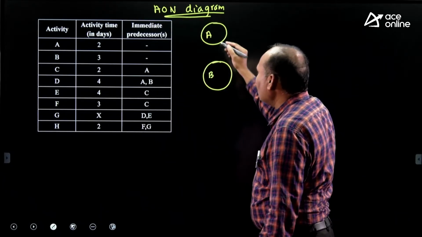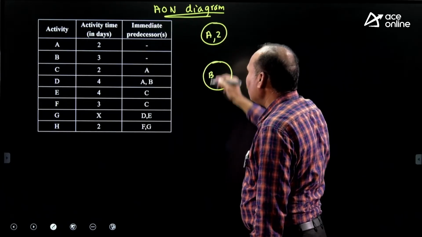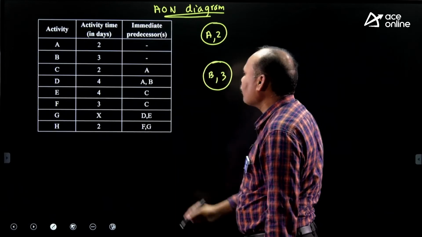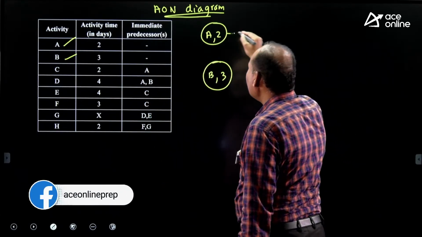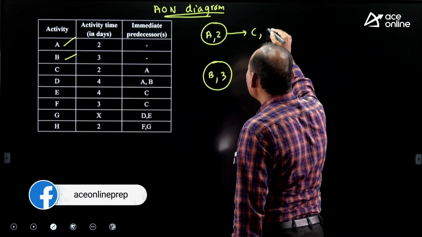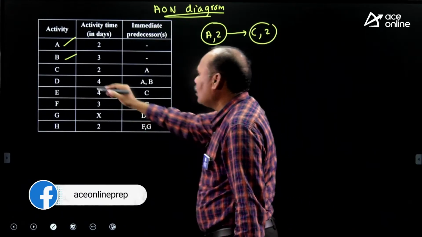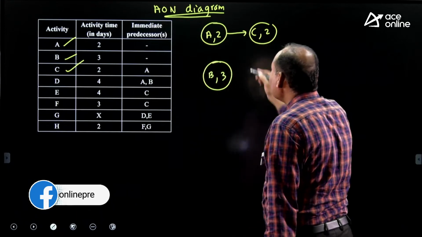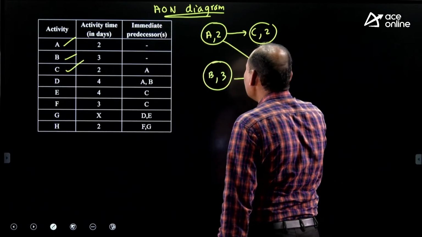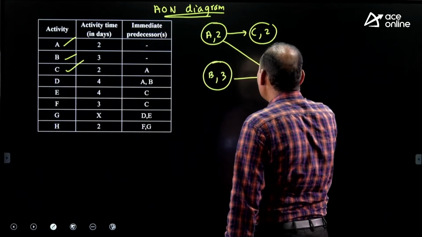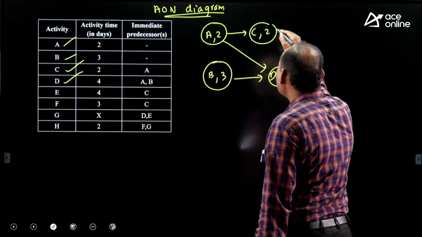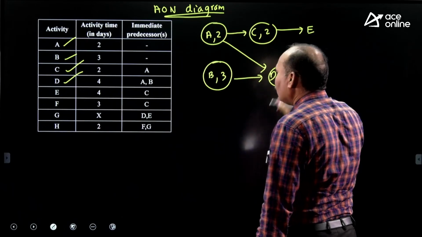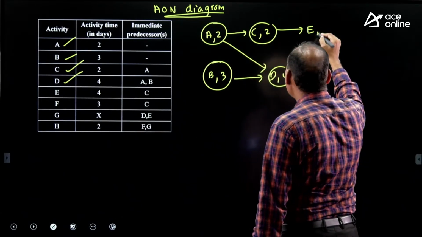So A has no condition, B has no condition, so A duration 2, B duration 3. C begins after A, C can start. What is the duration of C? 2. D after AB, so AB both will give D, duration of D 4. E after C, duration of E 4.